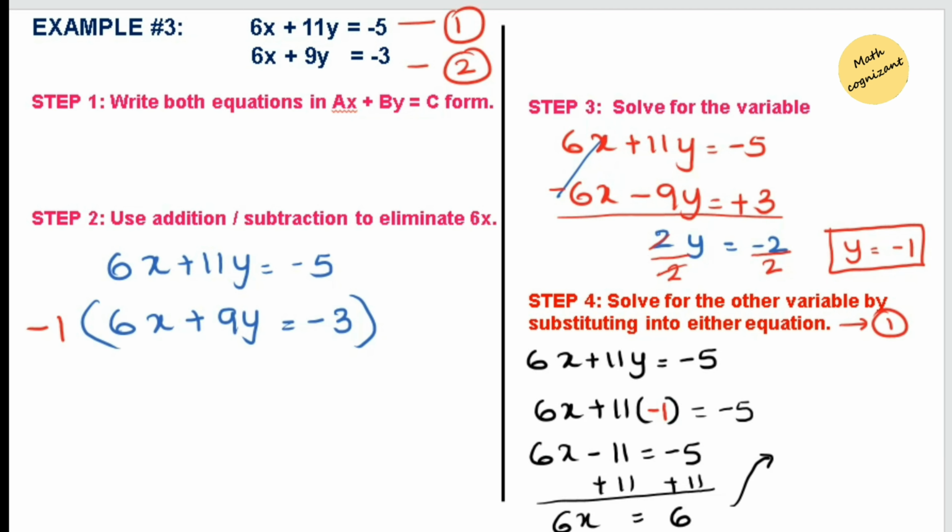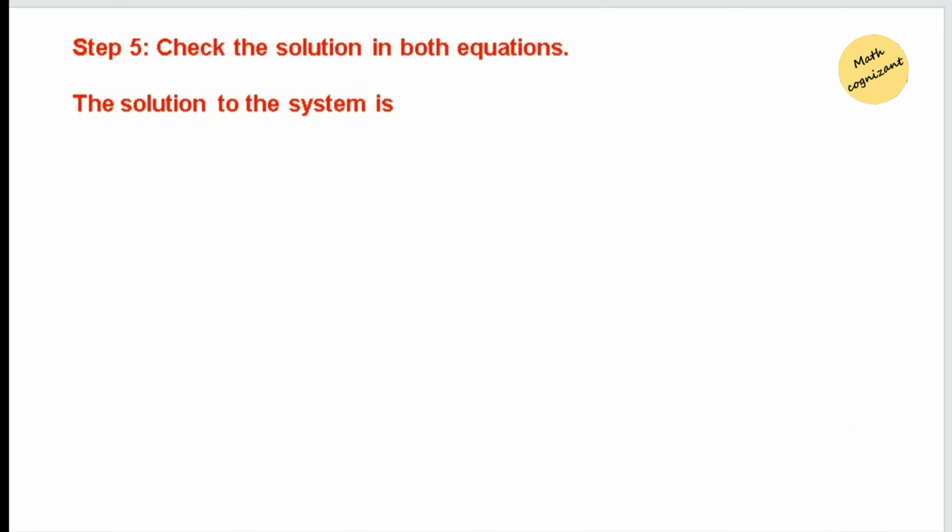It's a multiplication equation, so the inverse is division. Divide by 6 on both sides of the equal sign. Eliminate the coefficient 6. So it's left with x equals 1. Let's see whether the solution x equals 1 and y equals negative 1 satisfies the equation or not.